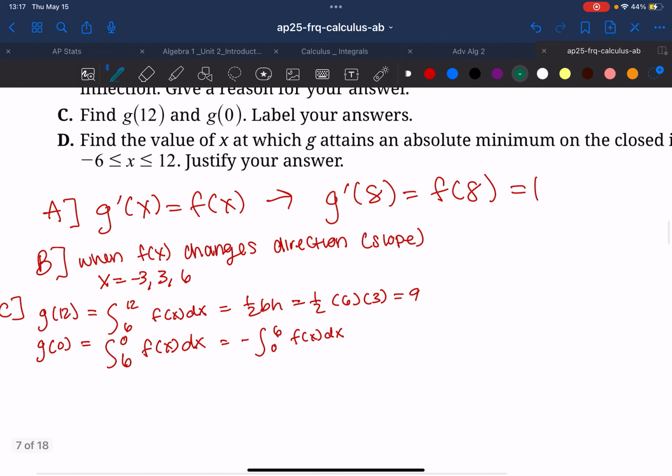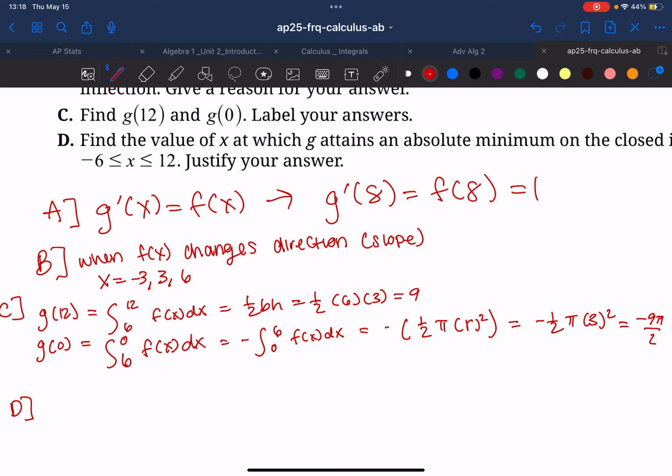Equals negative 1/2 pi r squared, which is equal to negative 1/2 pi times 3 squared, which is equal to negative 9 pi halves.